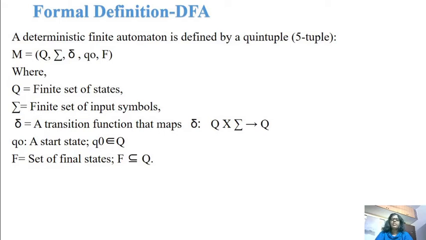What does transition mean? A state takes the input symbol and moves to the next state. Okay. Q naught is always the start state, and F is the set of final states, not a single final state, a set of final states.